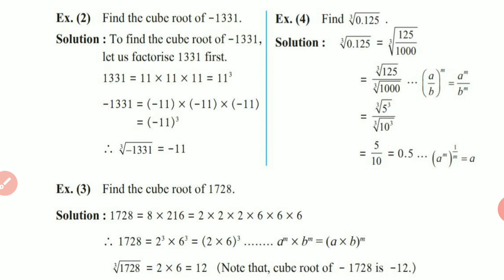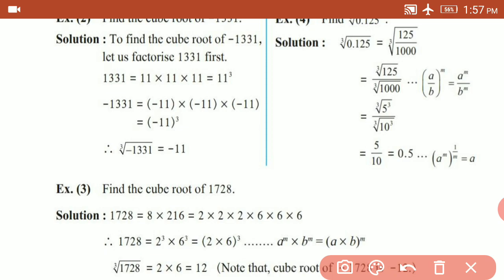Then example number 2, find the cube root of minus 1331. To find the cube root of minus 1331, first we have to factorize 1331. We get the three factors, that is 11 into 11 into 11.